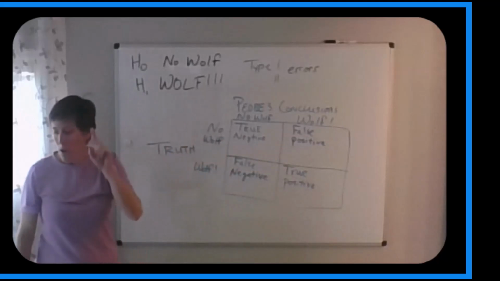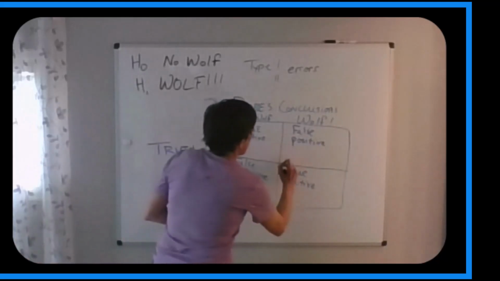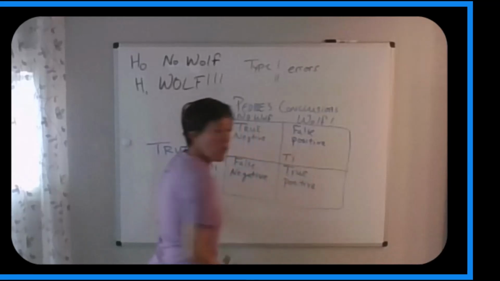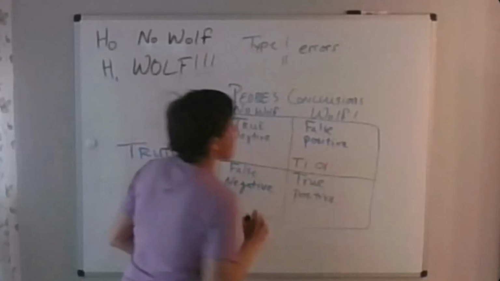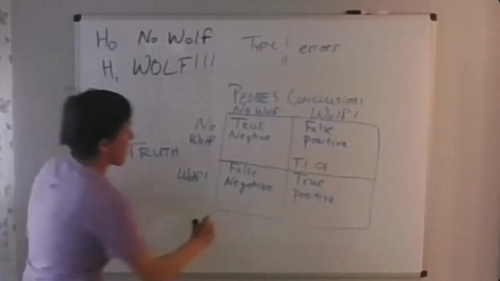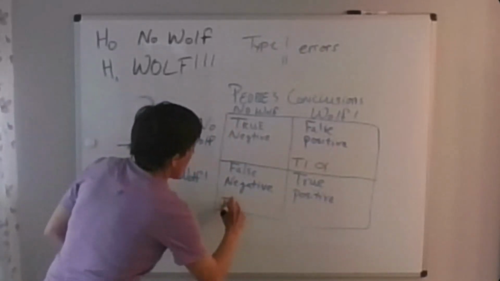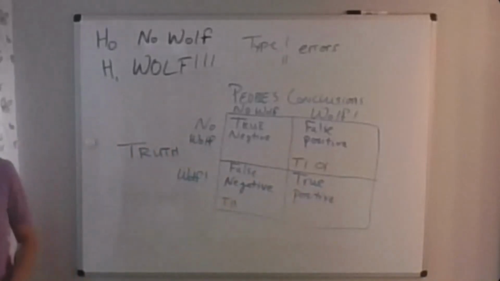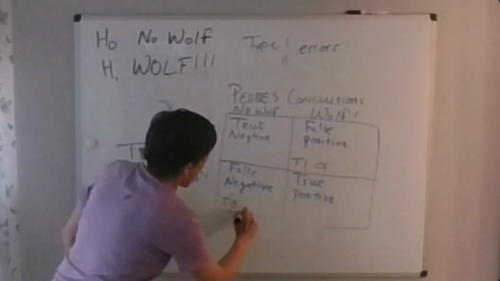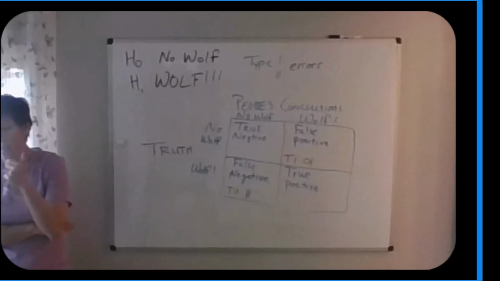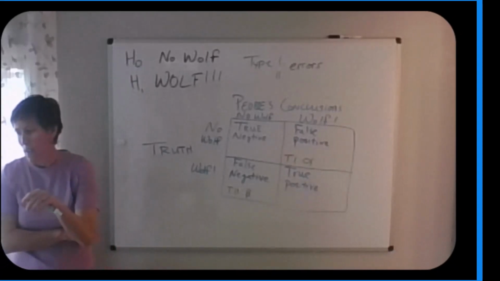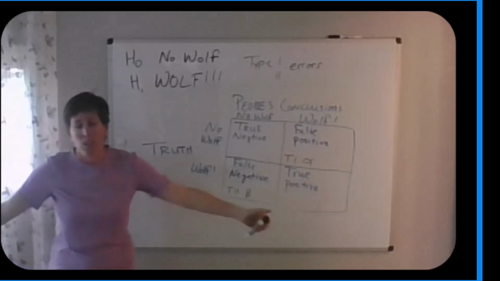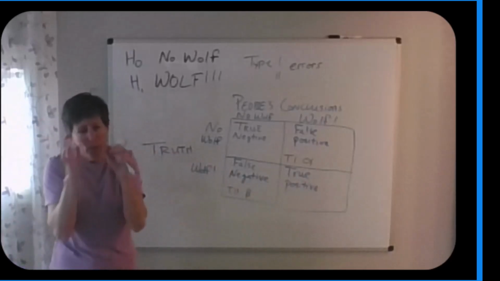Okay, we have type 1 and type 2. This one is type 1, which is also known as an alpha error. This one is our type 2, which is our beta. So in a type 1 alpha error, that's when the boy is crying out, wolf, wolf, wolf.